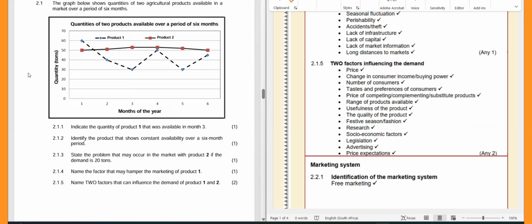What is the other thing that can affect, or the other factors that can influence the demand? The festive season. For example, let's say month one was December.